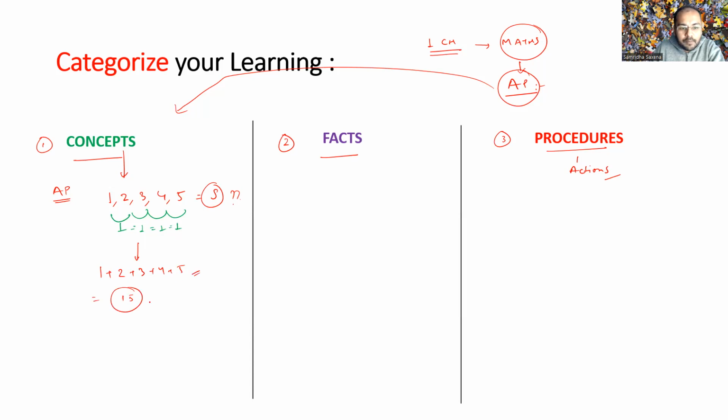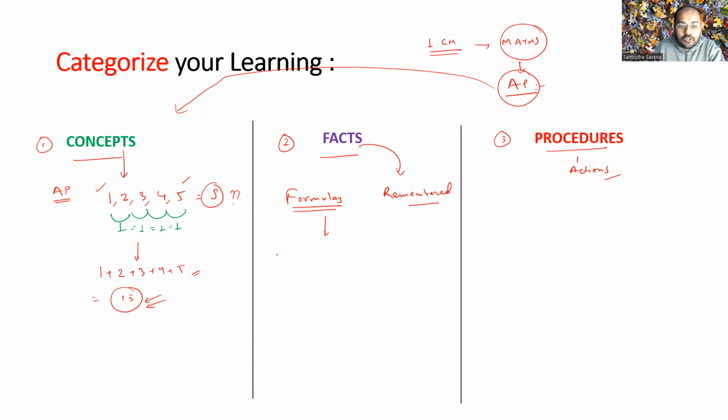So we know how these arithmetic numbers need to be added. But there will be some formulas, right? If we use those formulas, we can directly place these numbers and get the answer. So when we say facts, facts need to be remembered.